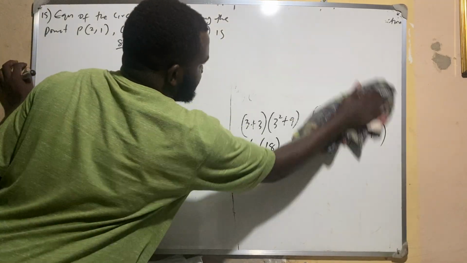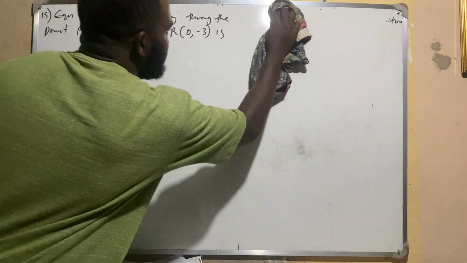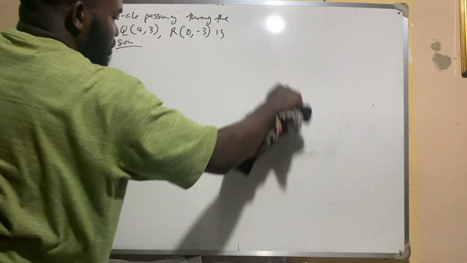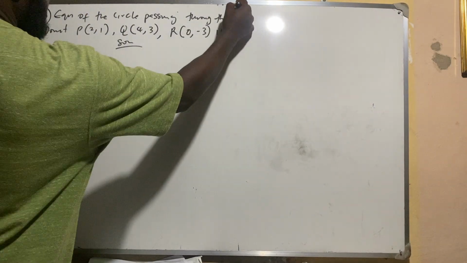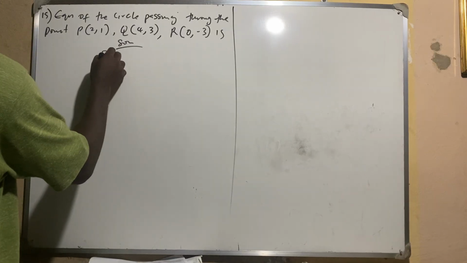But let us just solve it. I have already solved it in my video on circle, so you can go and watch my video on circle to understand it better. So, solution.